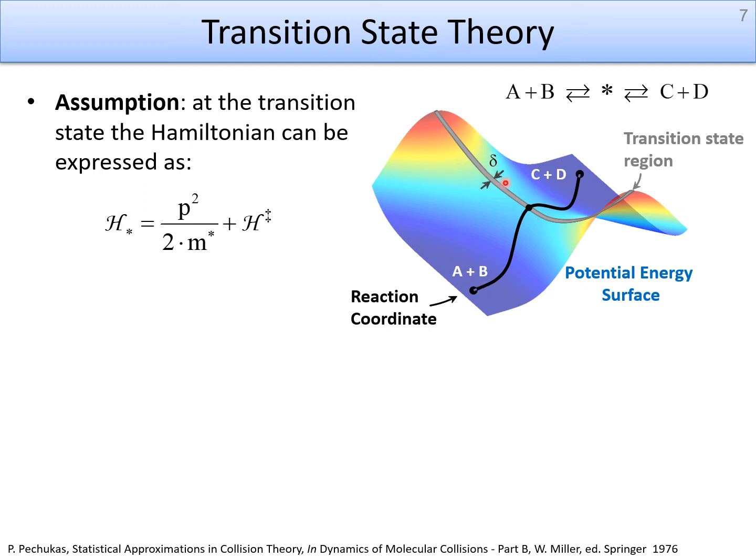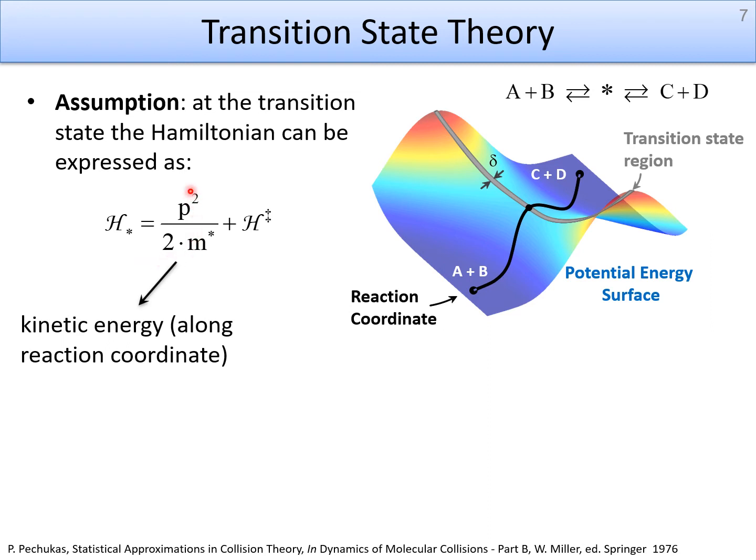In the transition state region, we notice that we have this kind of bump over here, right? So we have this negative curvature along what we call the reaction coordinate. How are we going to deal with this? Essentially, we're going to assume that the Hamiltonian of the transition state has two contributions.